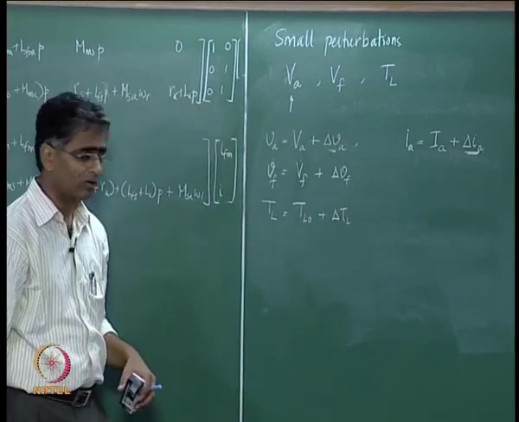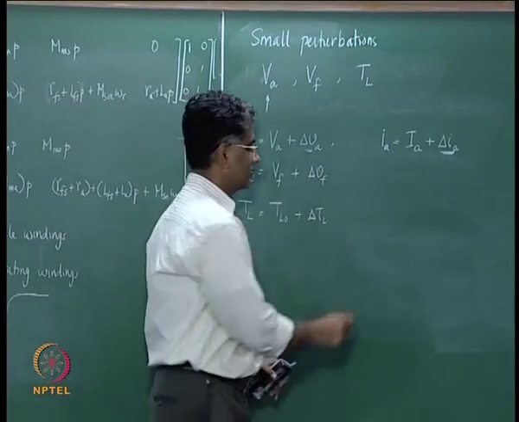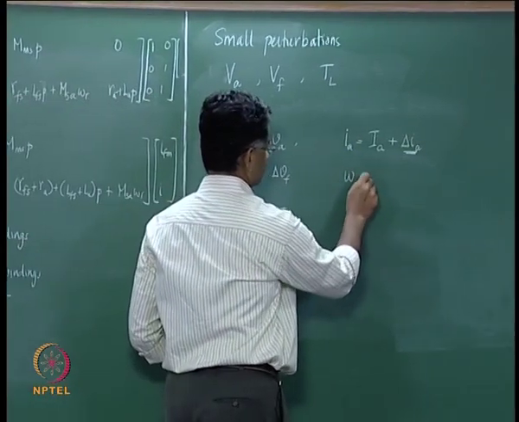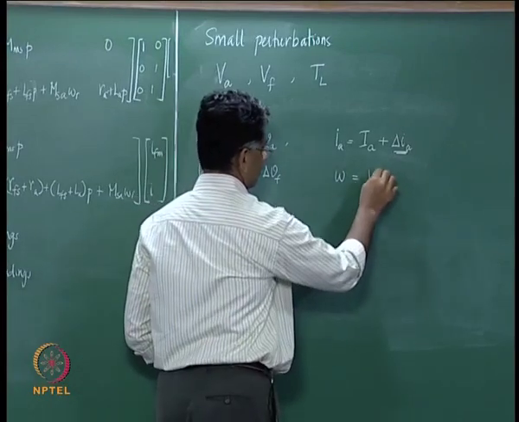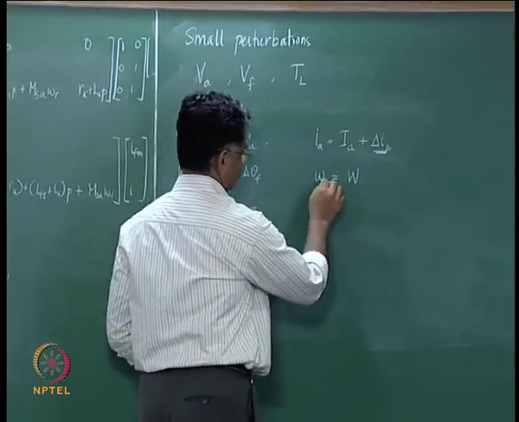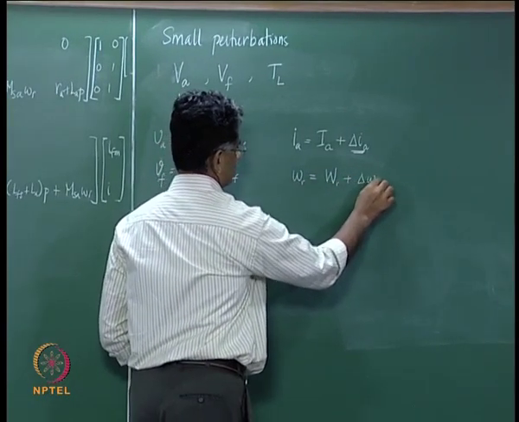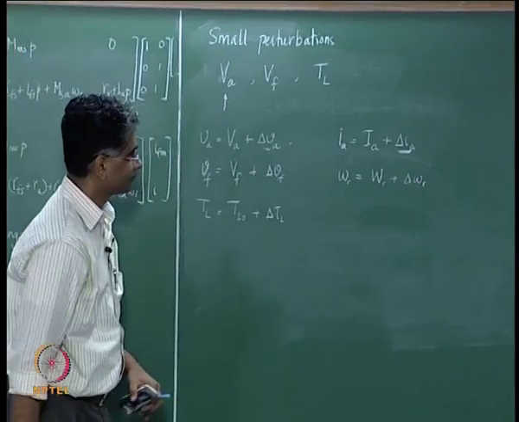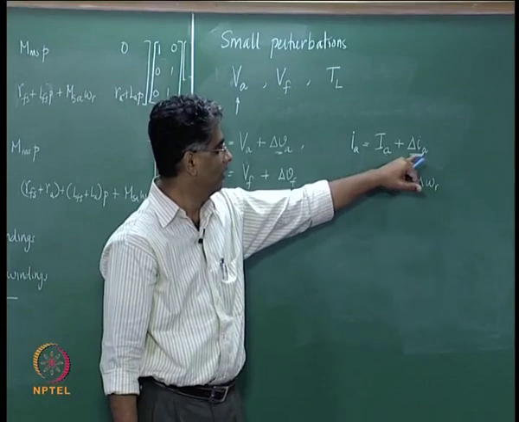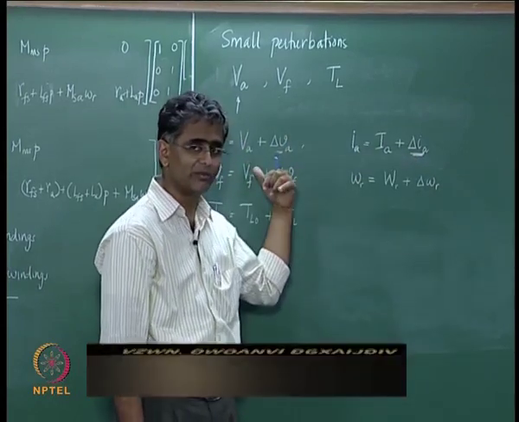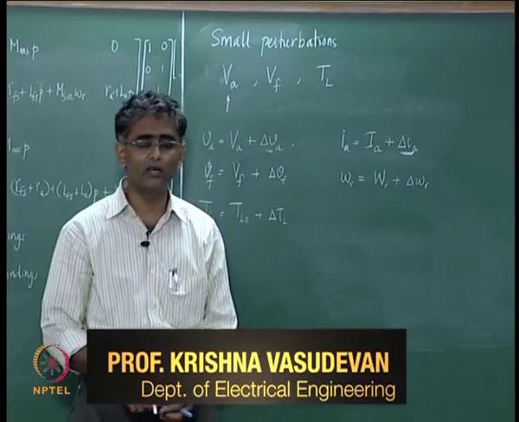In response to all this, not only does the armature current change, the speed at which the rotor was rotating, omega r, would also undergo a change and respond with some delta omega r. Note that when we say there is a response to the disturbance input, we do not mean that delta IA is a fixed number.